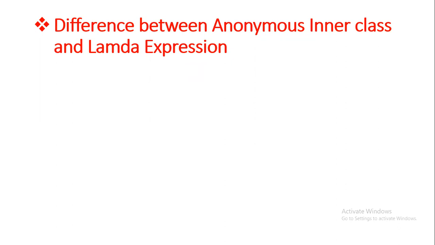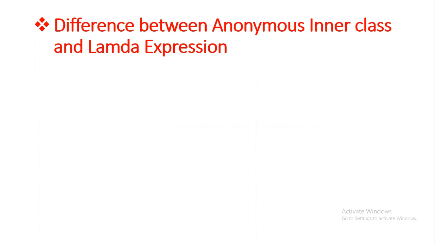A functional interface has only one method, and for that method, using a lambda expression, we give the definition. Simply in one word, lambda expression implements the functional interface and provides the logic. That's it.